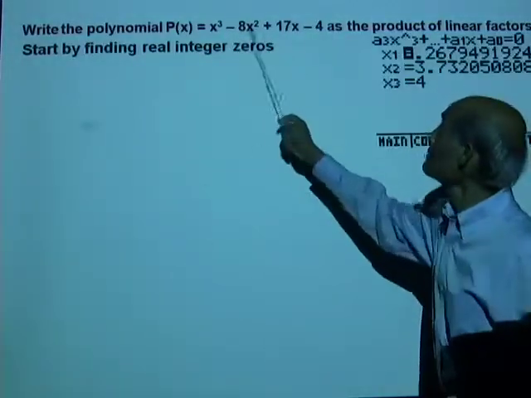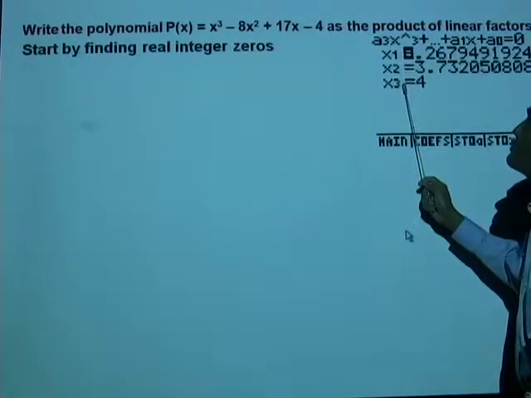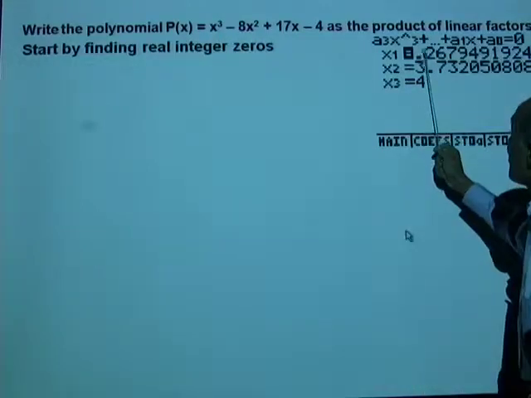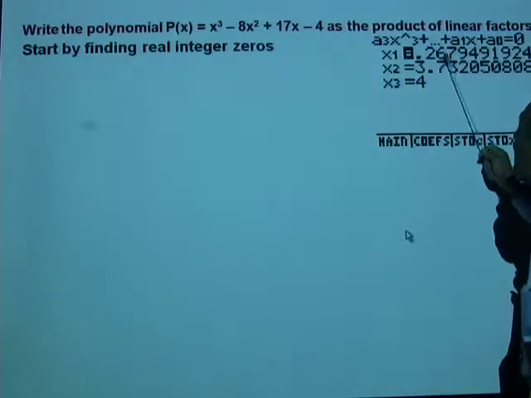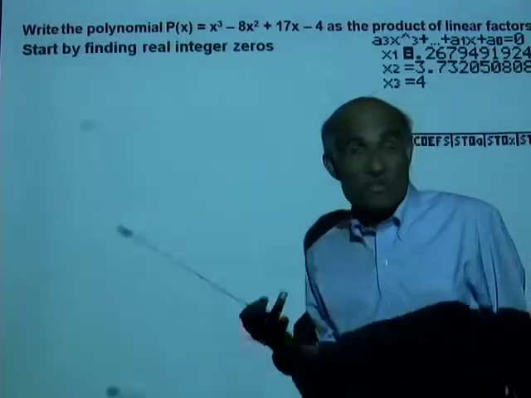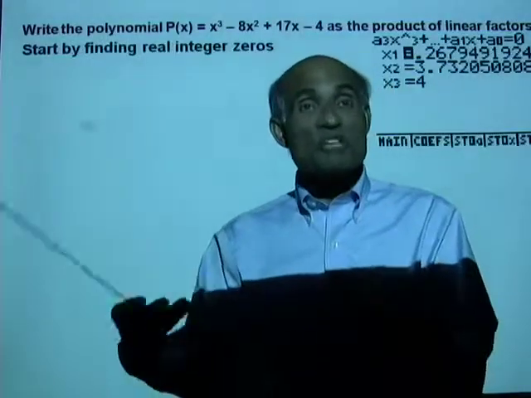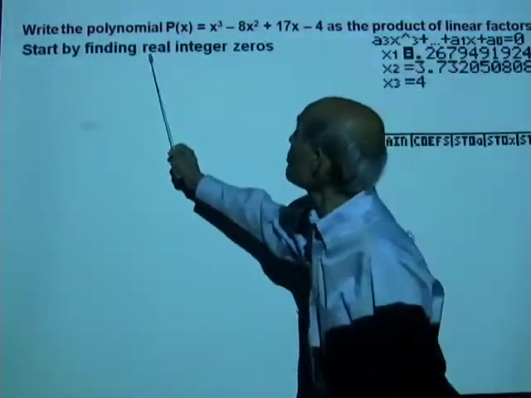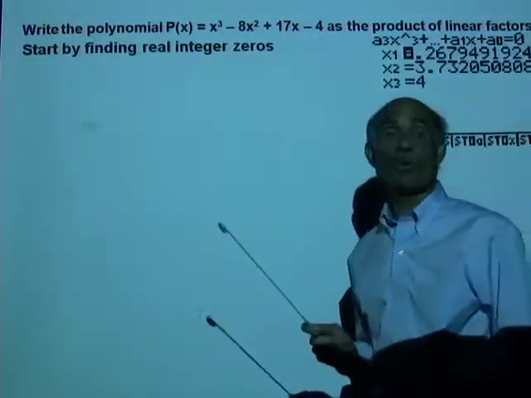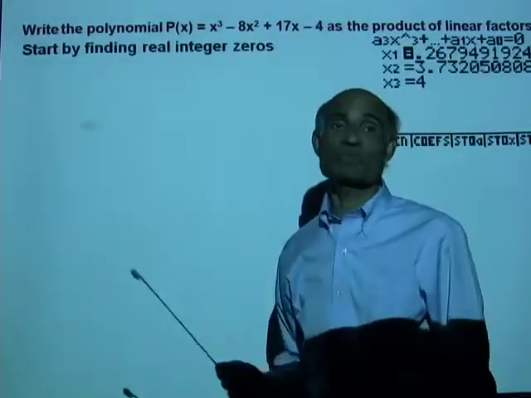Alright, first we go to the calculator, and if you notice, the calculator gave you 3 zeros. Well, of course, it's a cubic function. And out of the 3 zeros, 2 are rational, but the third one is an integer. It's a rational integer. So we find the real integer zero, which is x equal to 4, which means x minus 4 is a factor of this.